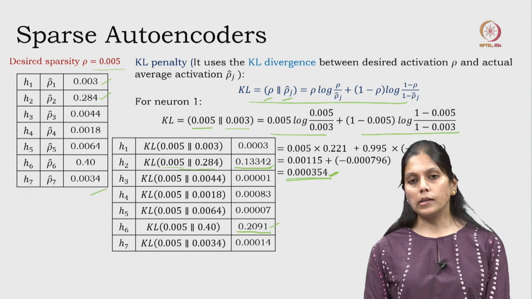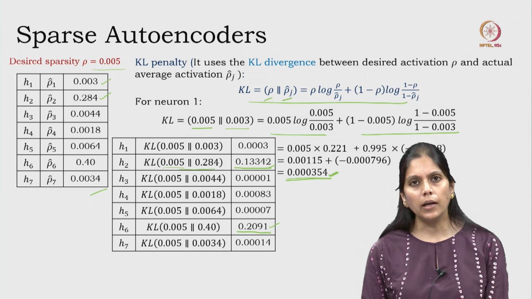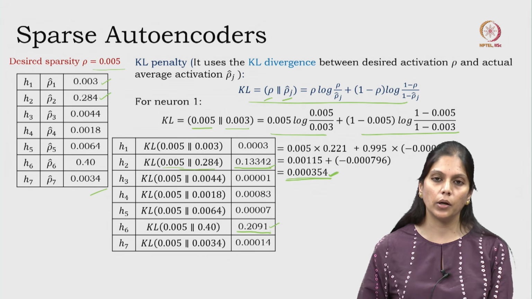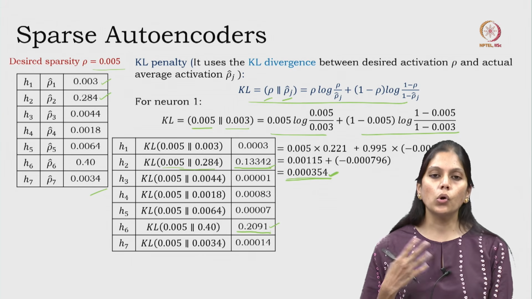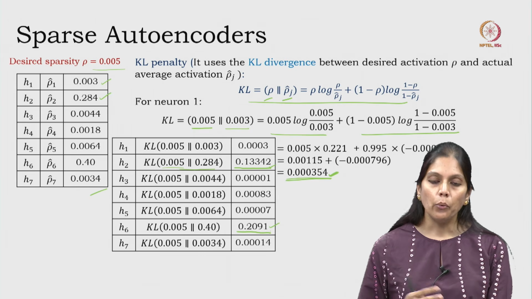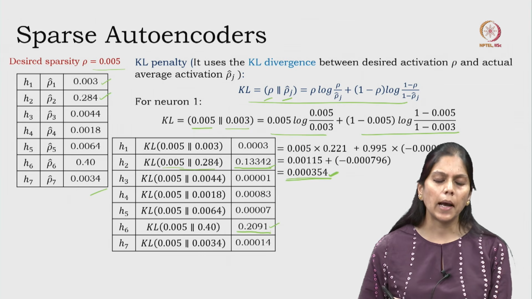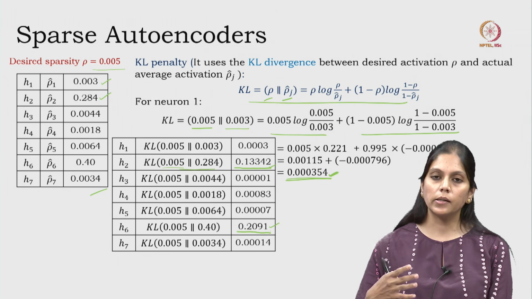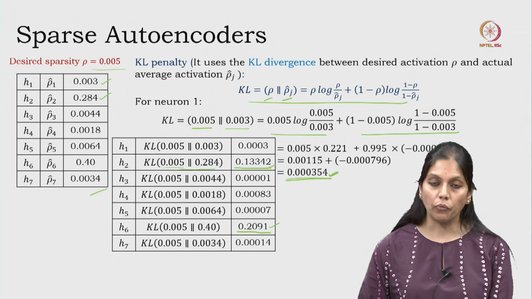When the penalty is high for these two, definitely during backpropagation the weights associated with these hidden neurons will be adjusted. When those weights get adjusted, what is happening? Is it not that you are restricting H2 and H6? Now H2 and H6 will not be active most of the time.